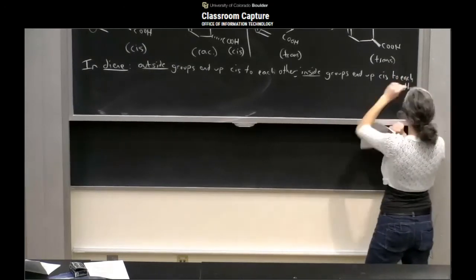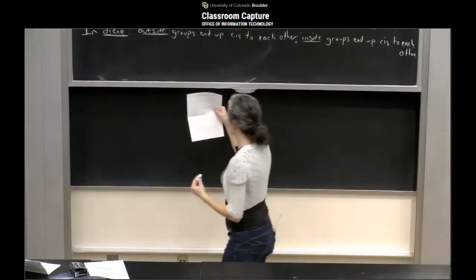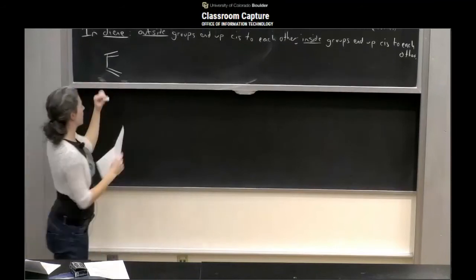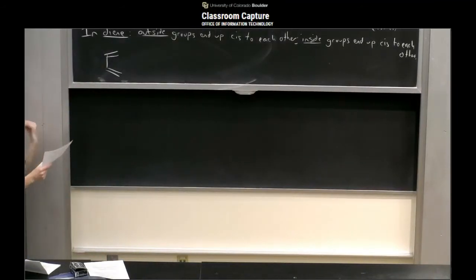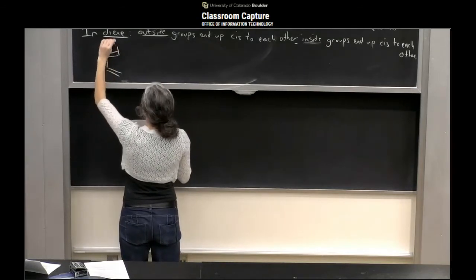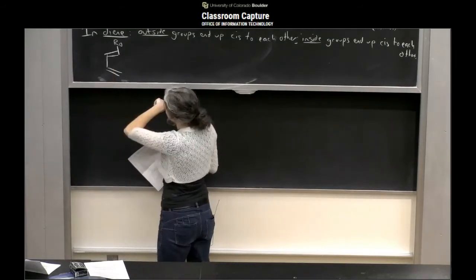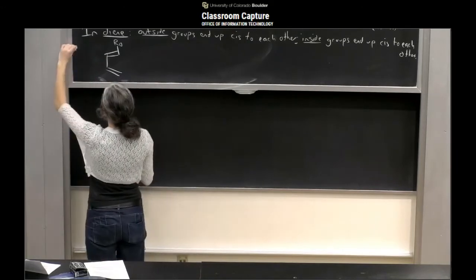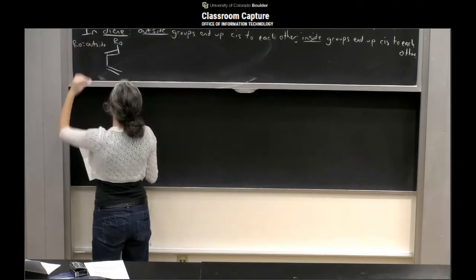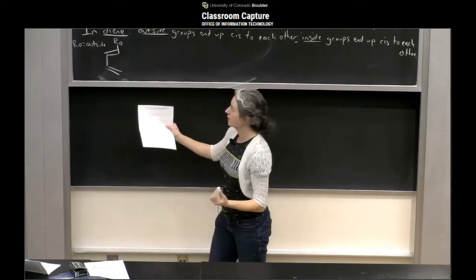Okay, so let's actually do an example of how that might look. Okay, so we know the diene has to be S-cis, so that's kind of a constant. But what we're going to do now is look at what if we start having different groups on here. So I'm going to say RO for outside, which if you look at it, is like outside the curve of the diene.